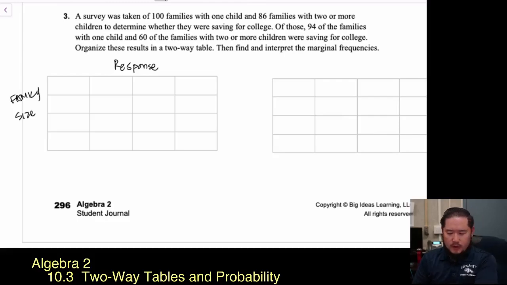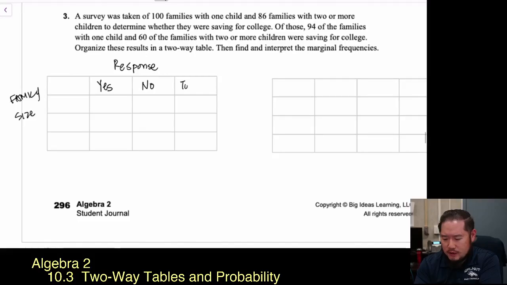So once again, we are trying to figure out, are they saving for college? So there's only pretty much 2 types of responses that we're going to have. I want to go ahead and start right here and put yes in the second column and no in the third column. The last column right here will be total.